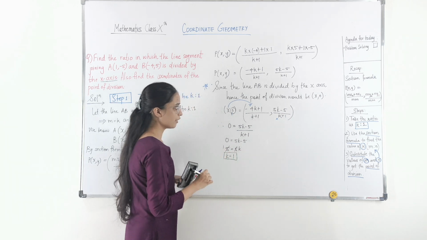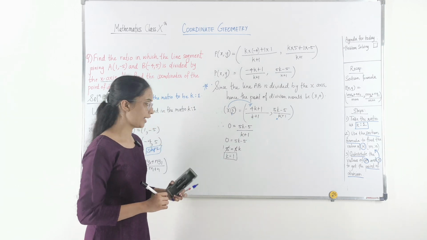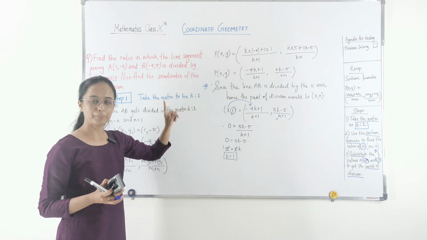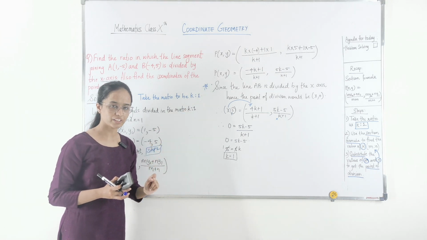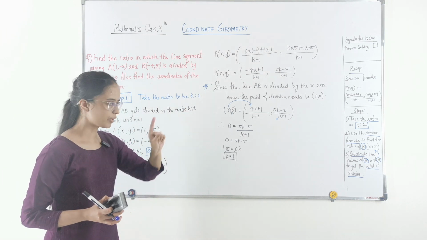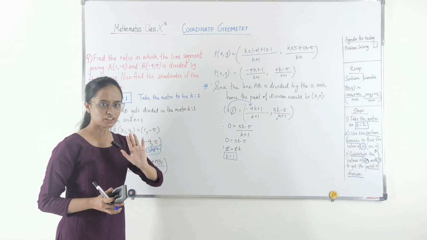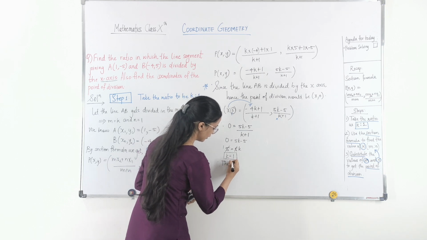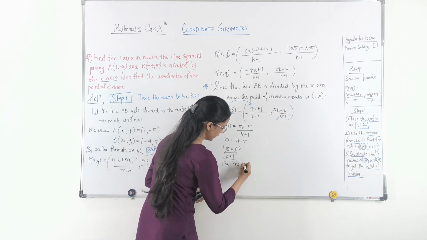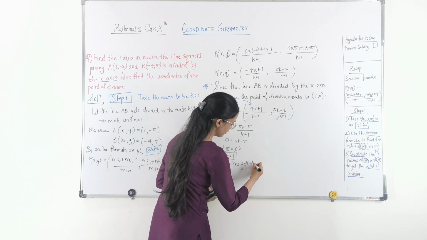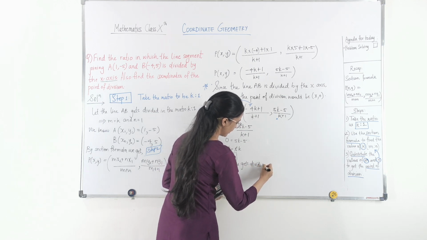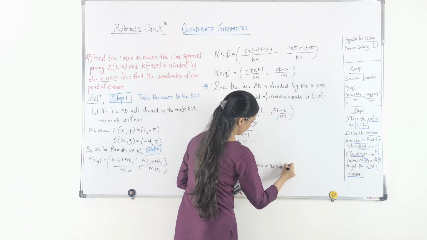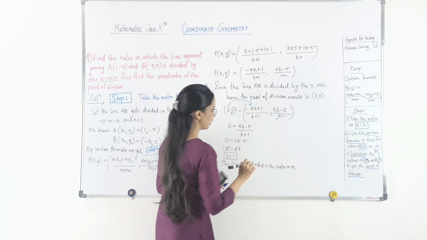Now if the value of k is 1 and we have considered the ratio to be k is to 1, it means that the line gets divided in the ratio 1 is to 1, because k over here is m and 1 is your n. So therefore the line gets divided in the ratio m is to n.